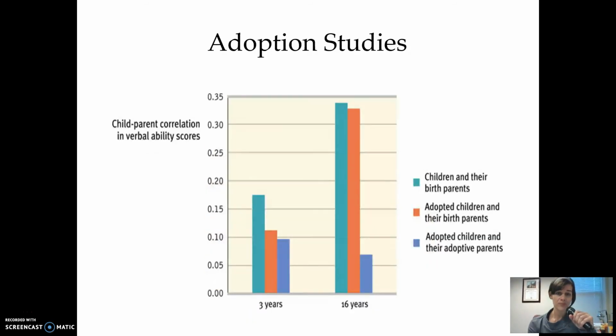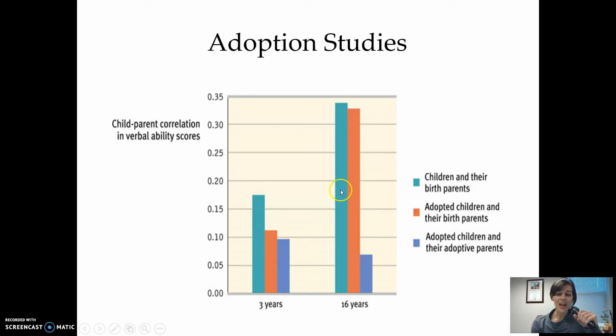When we look at adoption studies, when we compare adopted children to both their adoptive parents and their biological parents, we get that same evidence of a strong genetic component. So here you're looking at children and their birth parents, adopted children and their birth parents, and adopted children and their adoptive parents. At the age of 3 years, the correlations are not really very strong.